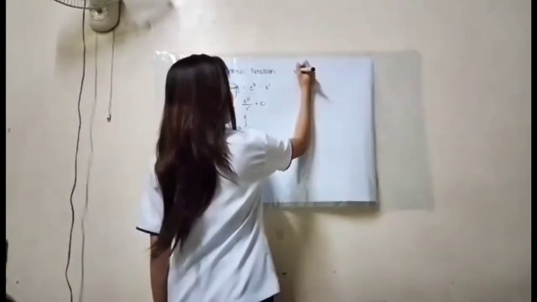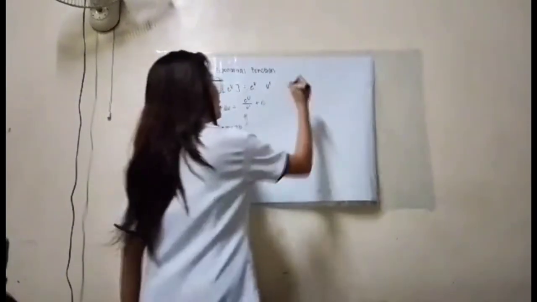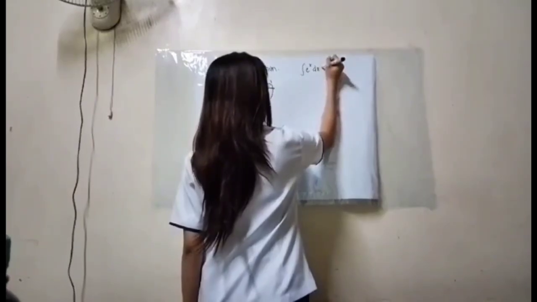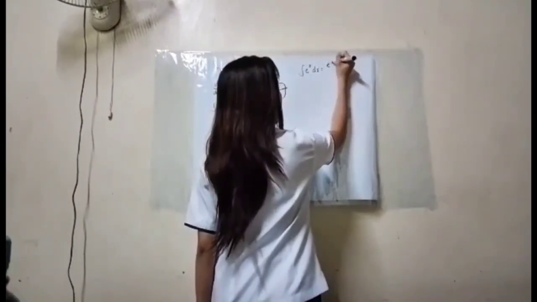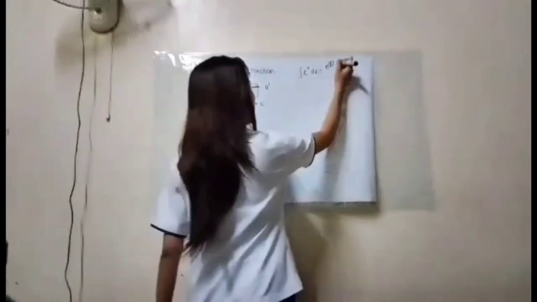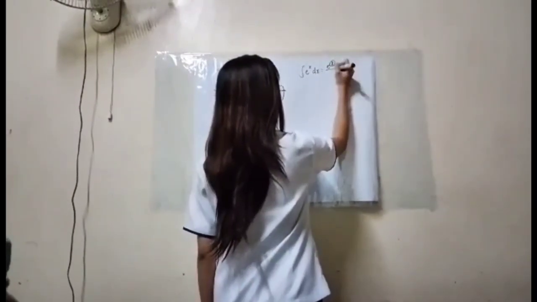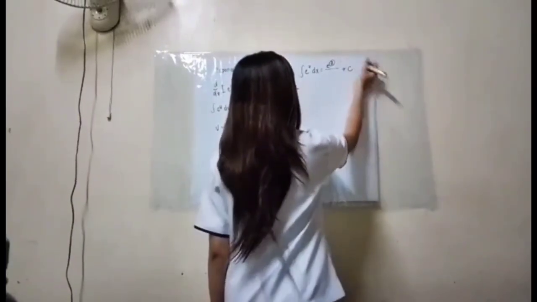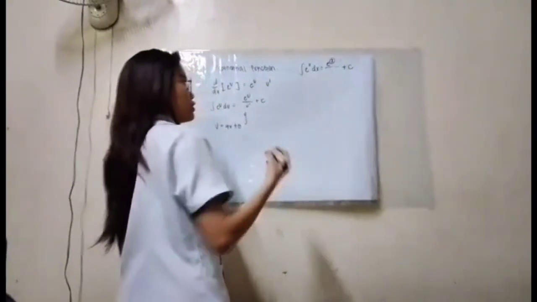So for our example number 1, the integral of e to the x is e to the x, and the derivative of x is 1, which we put as the denominator, plus c. So that will be the answer.